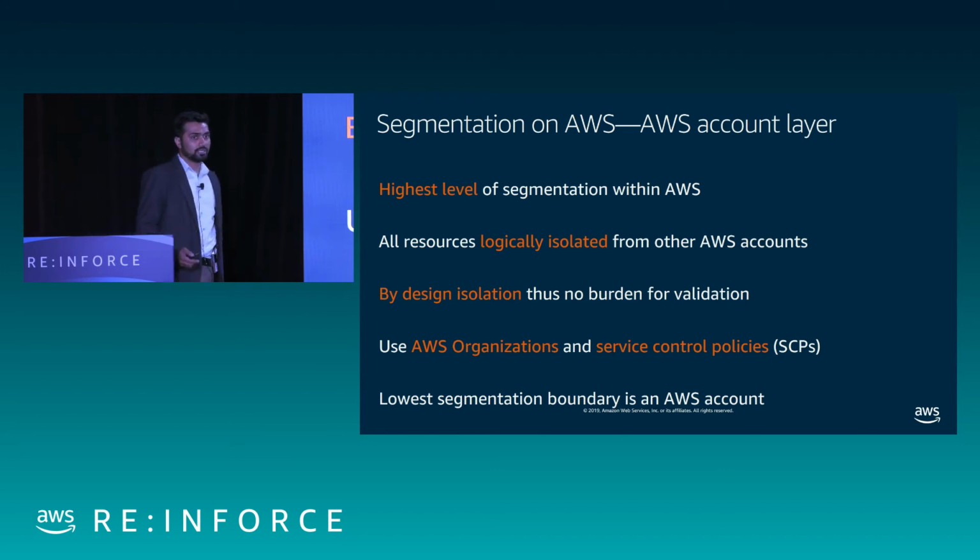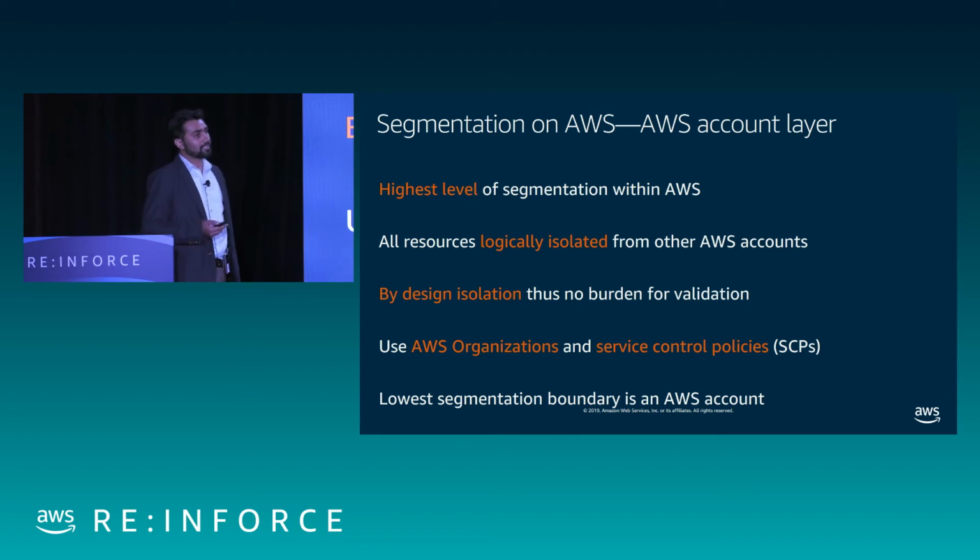What that means is that when you use AWS account layer segmentation, you do not have to worry about validation on your own. That account level isolation provides sufficient isolation, and AWS has gone through that assessment, and AWS meets that level 1 requirements for PCI DSS.